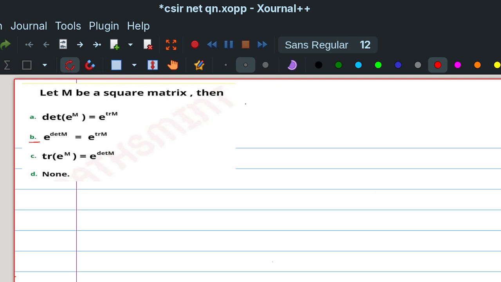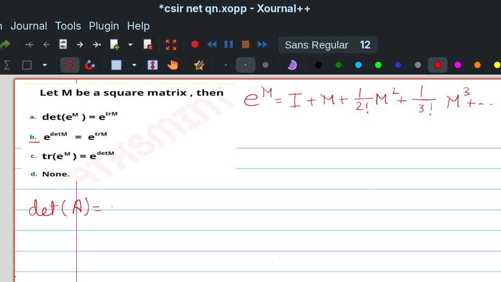And before that, let me write the expression for e to the power M, where M is any matrix: I plus M plus 1 over 2 factorial M squared plus 1 over 3 factorial M cubed, and so on. And we will use these two results. Det of A, where A is any matrix, is equal to the product of all the eigenvalues of that matrix, lambda i.